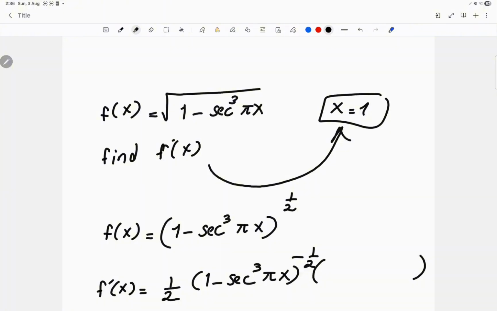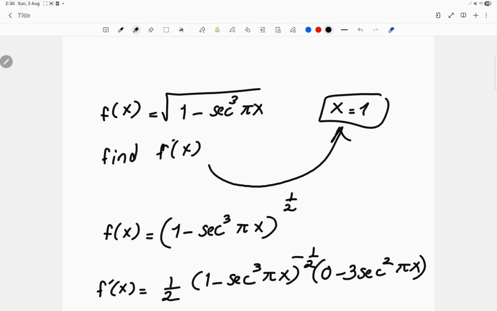How would you, as a logical person, differentiate the inside? What comes to your mind when someone says differentiate the inside? What's the derivative of 1? How about the derivative of secant cubed? Like the power part. 3 goes down, secant squared pi x.